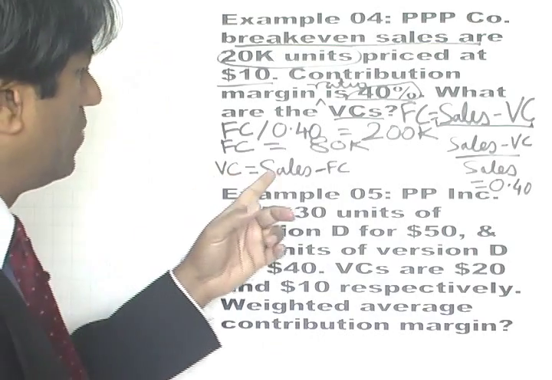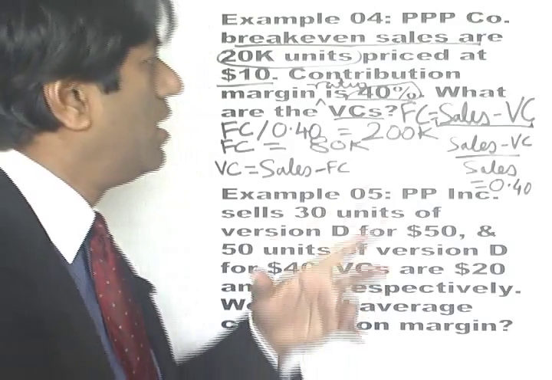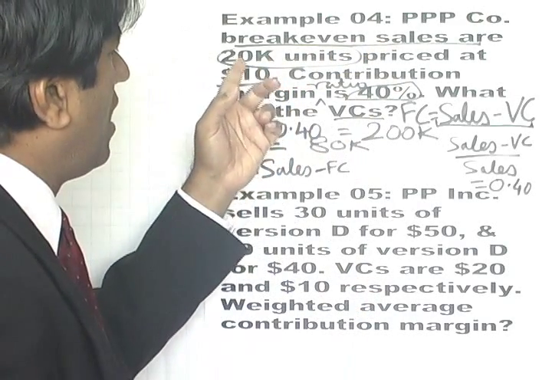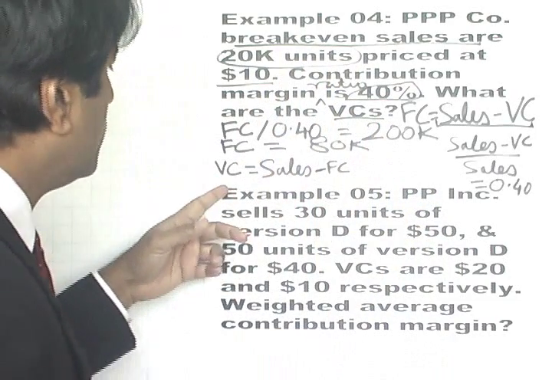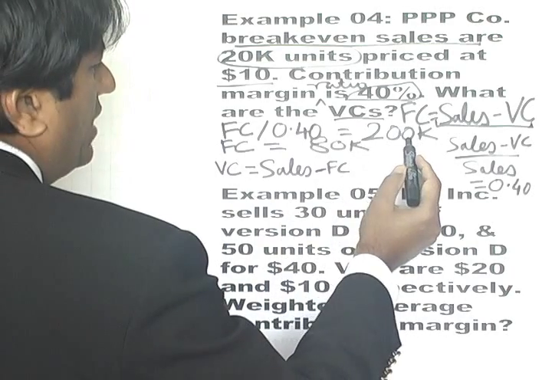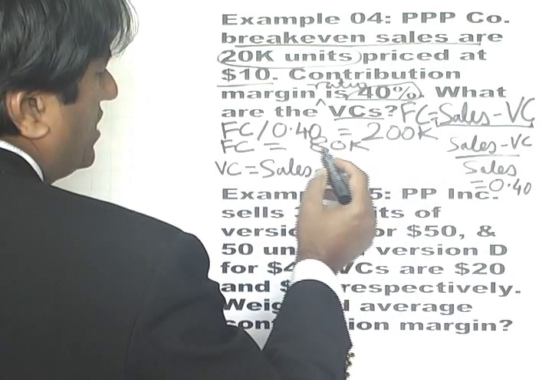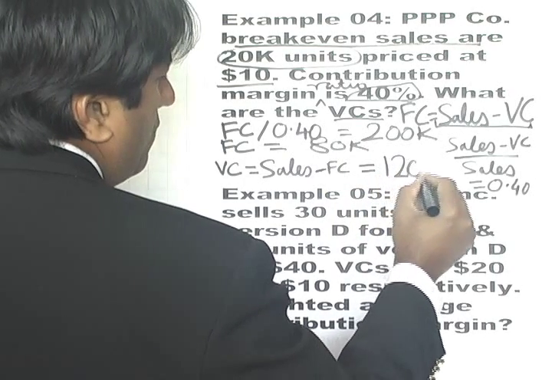So variable cost equals sales minus fixed cost when profits are 0, which is the break-even situation. We are given information for break-even sales. So then variable cost would become sales, which are 200K, minus fixed cost, which is 80K, or that would be equal to 120K.